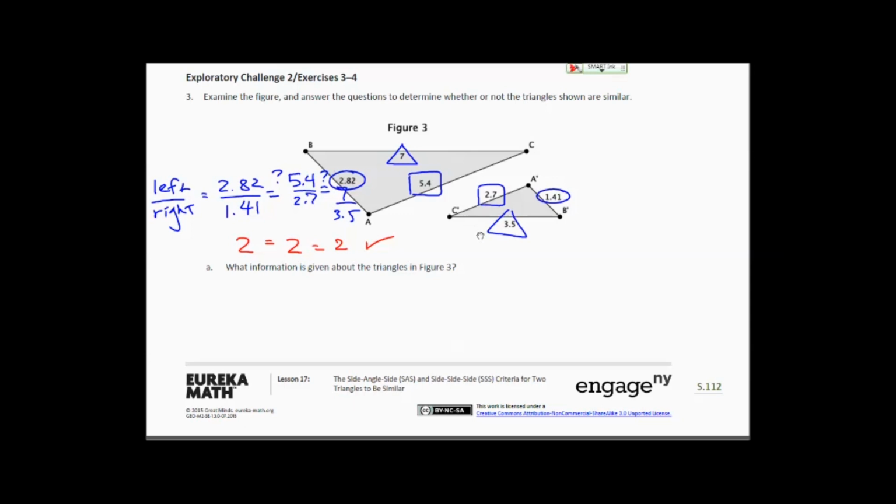And just so you know, the way we write that, using the correct notation, is triangle ABC is similar to triangle A'B'C'. A corresponds with A prime, B corresponds with B prime, and C corresponds with C prime. Okay, let me see, by the SSS similarity criteria.